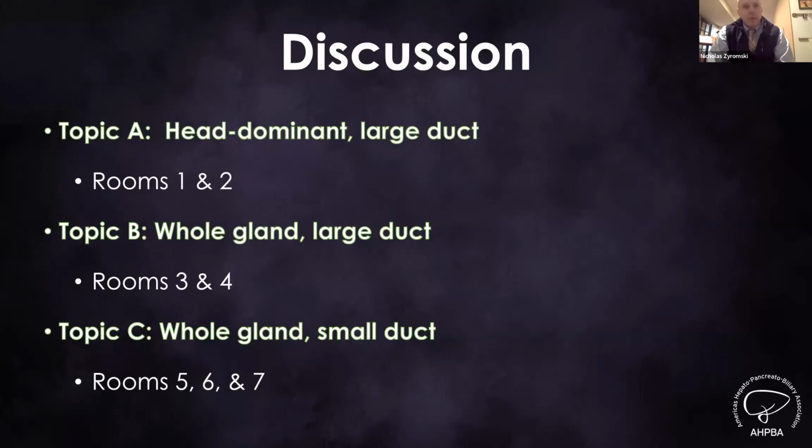What you do need to do is match the proper operation, and I think we're going to get into that a little bit more with the third room. And the final point here is we have to be very, very liberal with genetic analysis. We've given you 2 large duct cases and 1 small duct case. So you think about genetic analysis with resection and considering TPIAT, typically for small duct, but you can get burned.